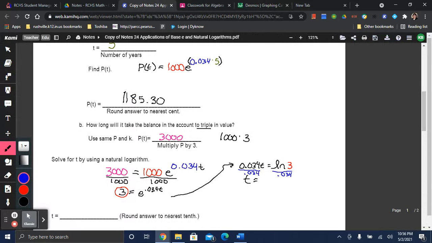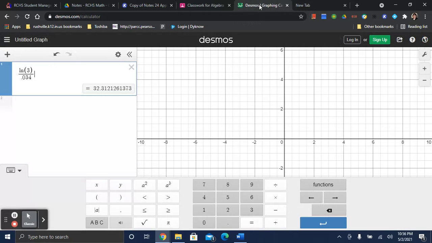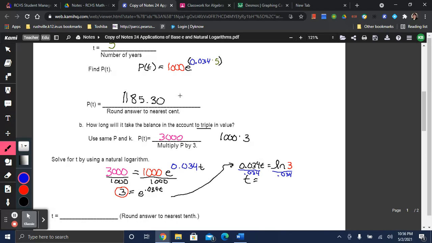It says round to the nearest tenth, so 32.3 years that it would take for the amount in the account to triple.